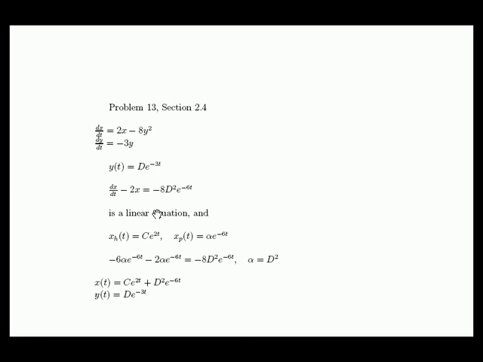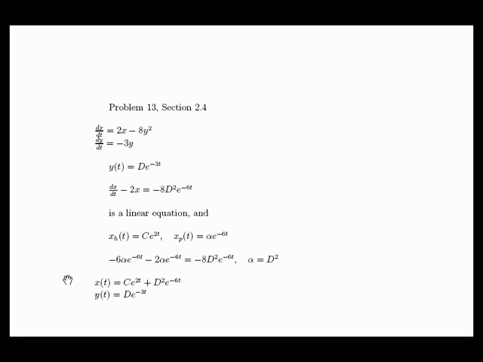So try alpha e to the minus 6t for x. Plug that in. The x prime is minus 6 alpha e to the minus 6t, minus 2 times x, which is alpha e to the minus 6t. That has to be equal to minus 8d squared e to the minus 6t. Canceling the e to the minus 6t's, you get minus 8 alpha equals minus 8d squared. So alpha is just d squared.